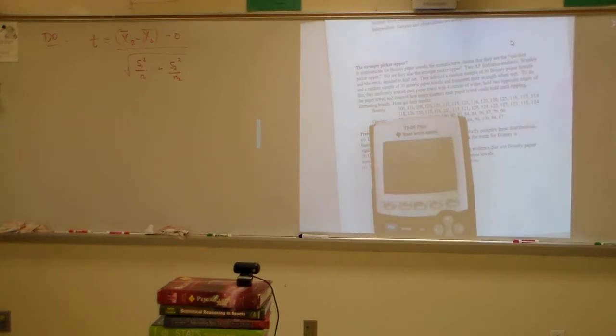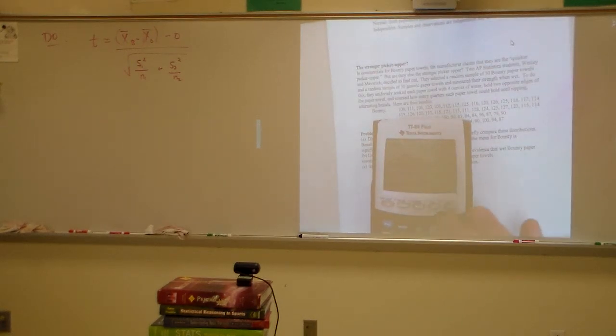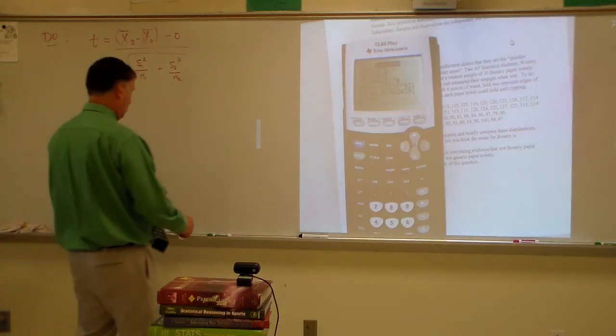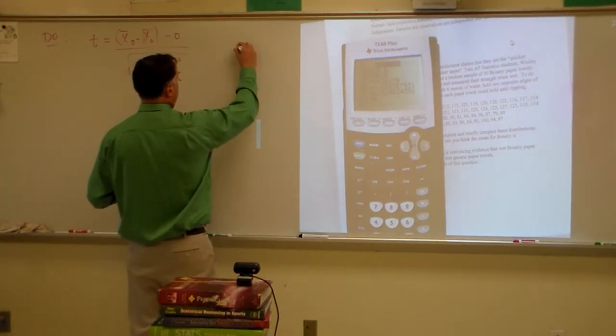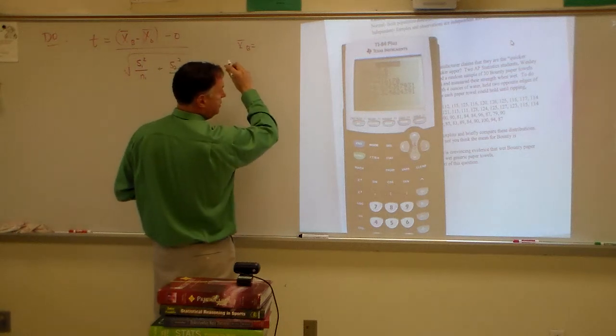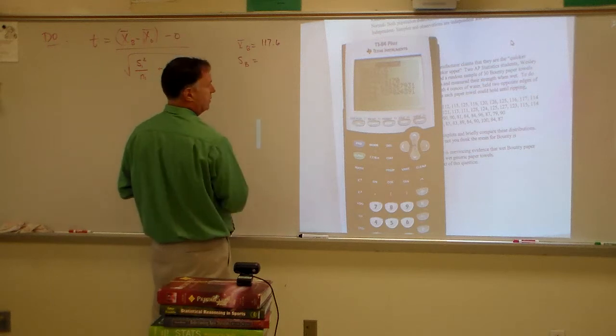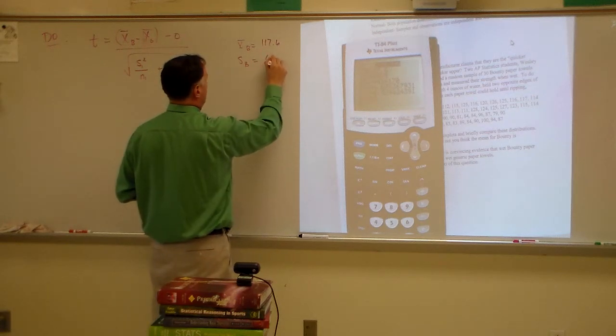So we go back to the calculator, and we hit stats, and we hit calc. And I want 2-variable statistics, because I have 2 variables, L1 and L2. So I got 117.6 and 6.64. My mean for Bounty is 117.6, and my standard deviation for Bounty is 6.64.